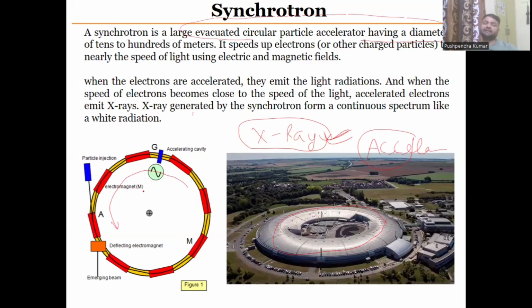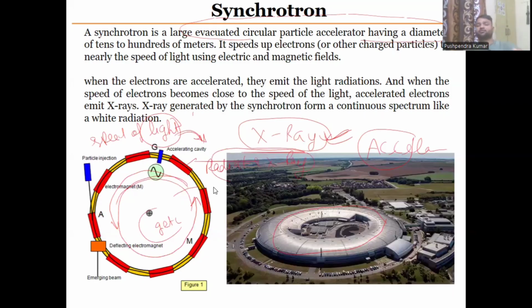Since the direction and velocity are changing by the magnetic force, the velocity continuously increases and the electrons get accelerated to very high speed. And as these electrons get accelerated to a speed close to the speed of light, these electrons radiate X-rays.